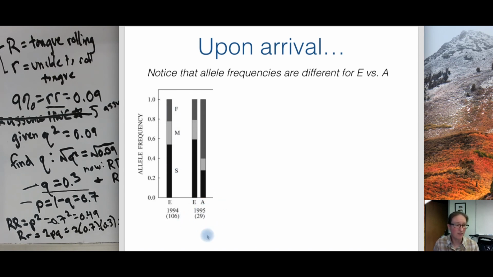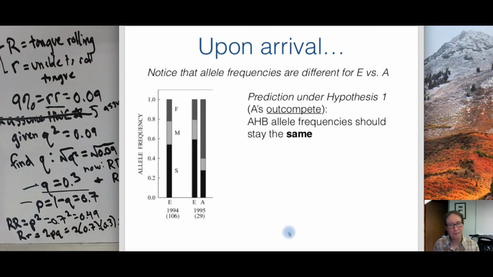And then here in 1995 is where the Africanized bees first arrived. And what I hope you see in this picture is that the genotypic frequencies between the European and African honeybees are different, right? So there's a greater representation of the slow allele in the European honeybees and a greater representation of the fast allele in the Africanized honeybees.